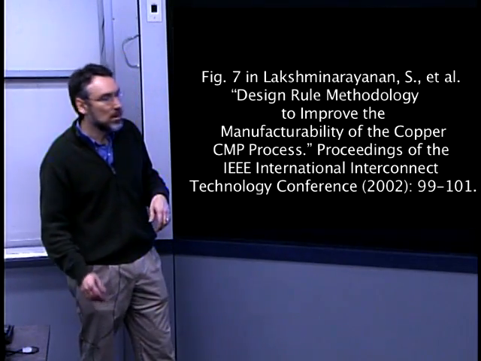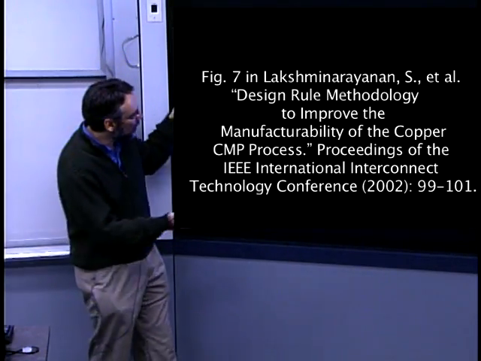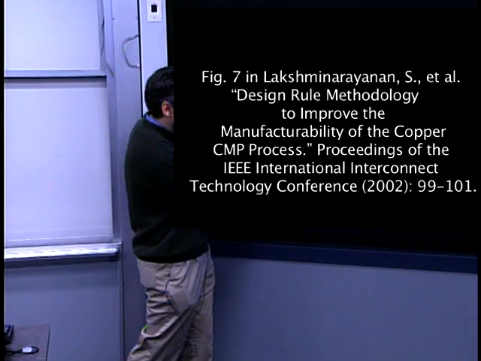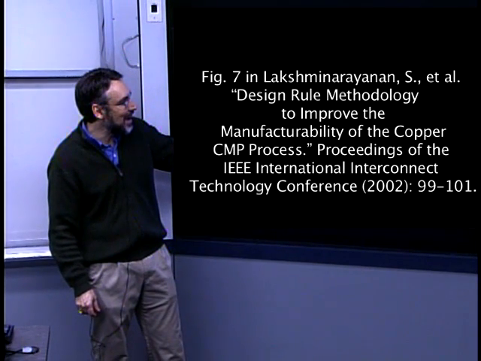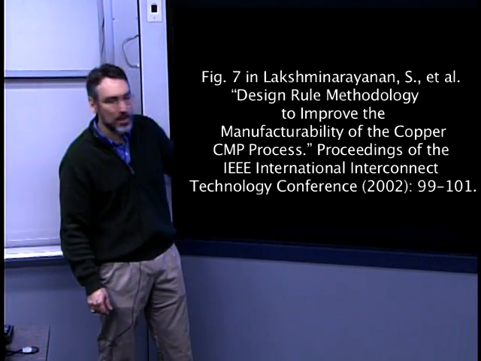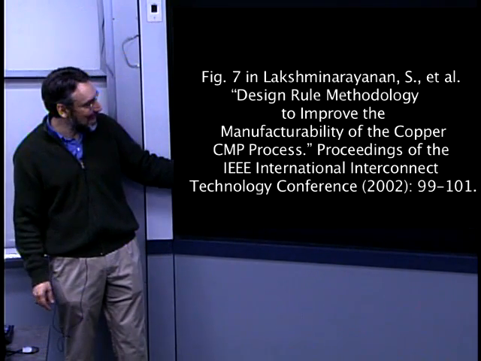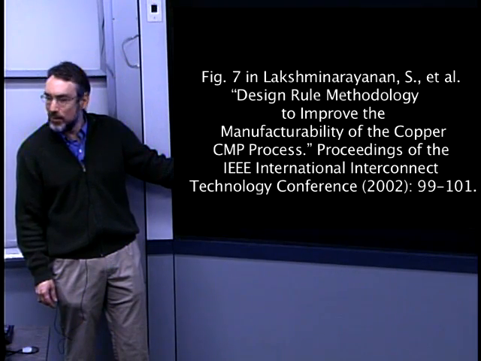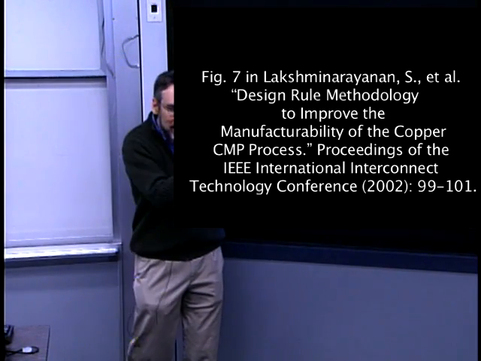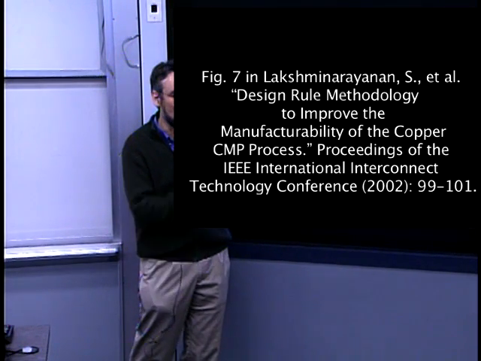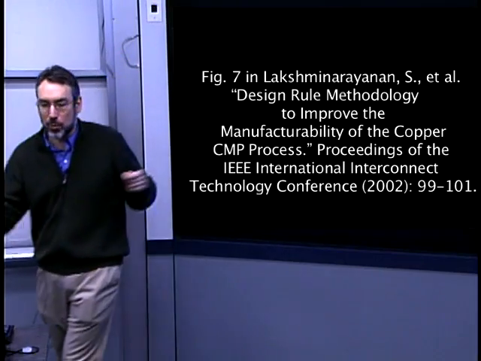And so, in fact, this is some work from LSI Logic looking at the copper interconnect space and saying, okay, what region, what limits, what combinations of line width and line space can you have, and where are the boundaries because of some of these different physical effects? So, for example, photolithography says I can't pattern smaller than certain dimensions. Dishing limits, that dishing down into wide features, says I can't have features wider than 10 microns. I'll dish them too much. So this is another way of coupling between design and manufacture.